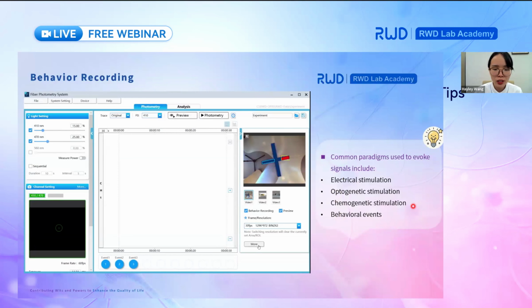The common paradigms used to evoke signals include electrical stimulation, optogenetic stimulation, chemogenetic stimulation, and some behavior events. These event markers provide the reference point needed to link neural signals with stimulation timing or specific behaviors.